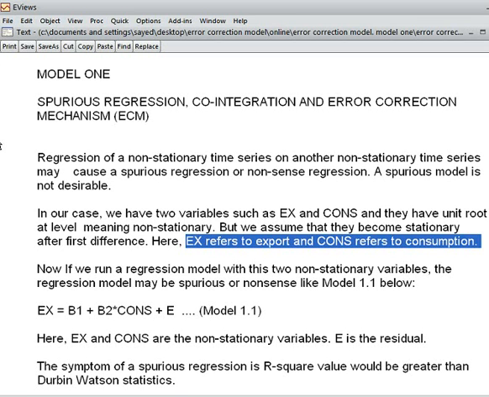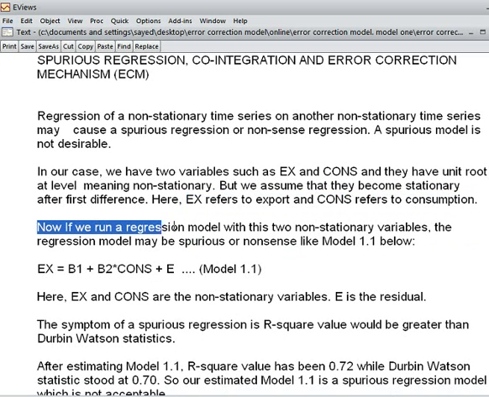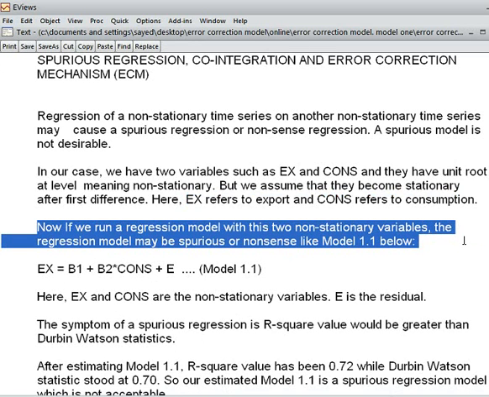Now if we run a regression model with these two non-stationary variables, the estimated regression model may be spurious or nonsense, like model 1.1 below.